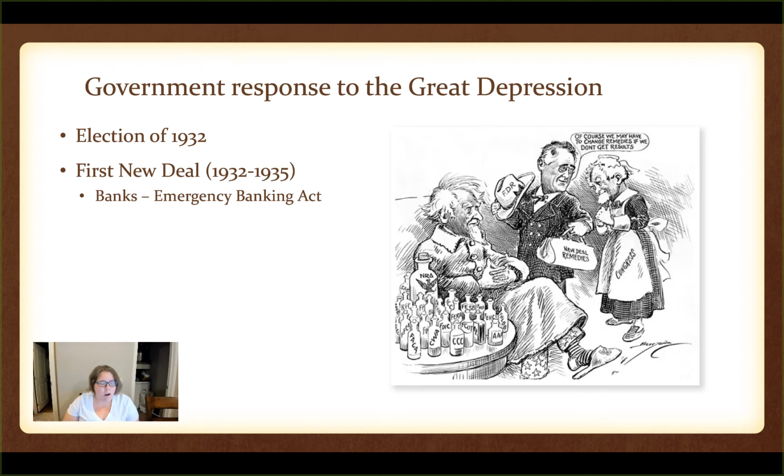But FDR understandably doesn't want to make any decisions until he's officially inaugurated into office. And so nothing is happening in these almost 5 months between the election and FDR's inauguration. And what Roosevelt is faced with at the beginning of his presidency is a huge banking crisis.